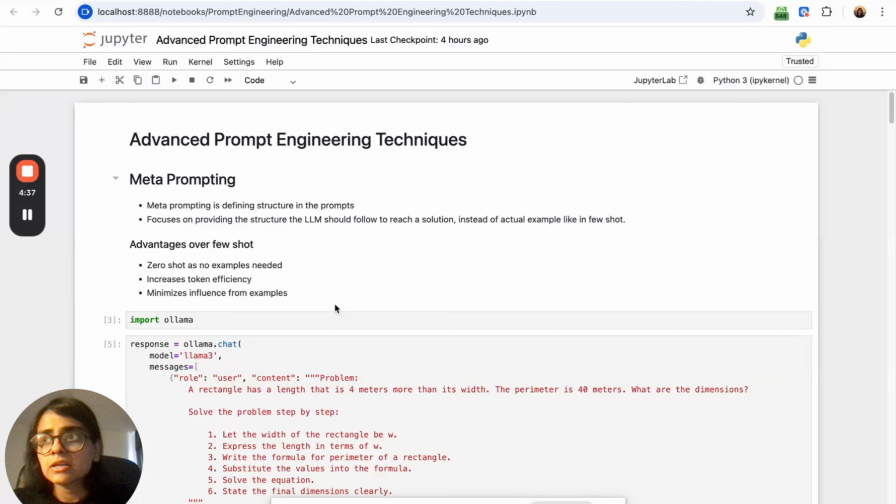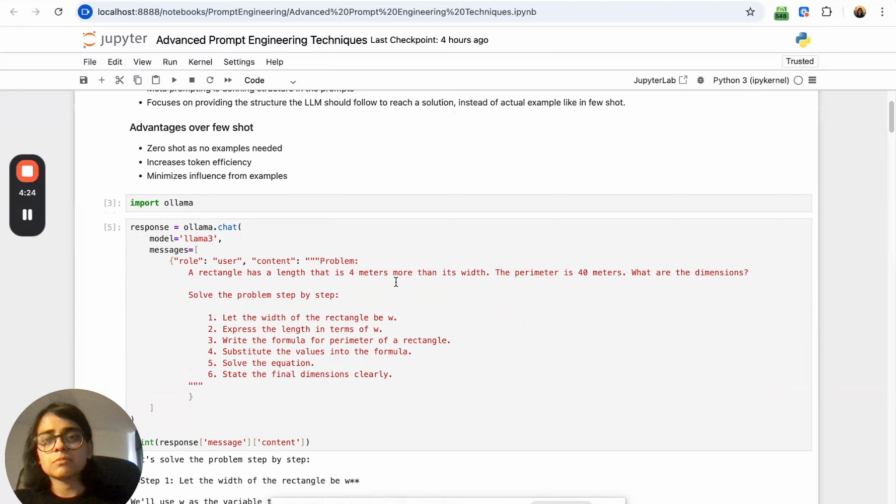Meta prompting basically focuses on providing the structure to the LLM that it should follow so as to solve a problem, instead of giving it an actual example. So what I mean by that is, for example, if there's a mathematical problem and I want the LLM to solve it, instead of giving it how to solve it, I'll just give the what of it. I'll just say what it needs to do in order to solve that problem.